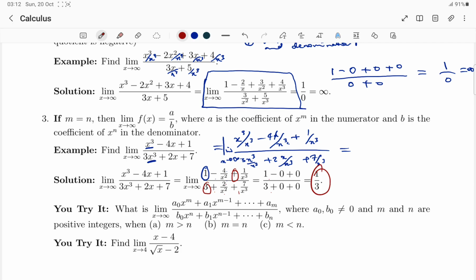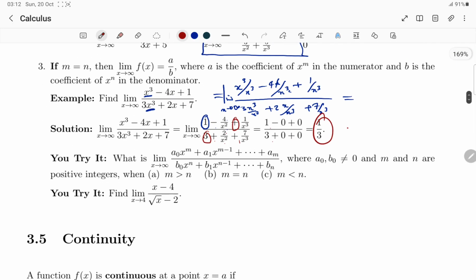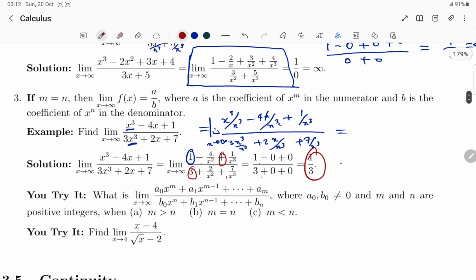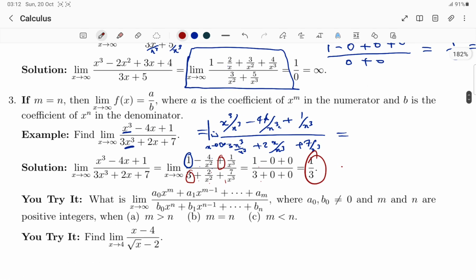So there is this question which is for you to try. I'm just going to try one more example from our tutorial. I'm sure it will help us understand more. So what is the limit as x approaches infinity of a0 x to the m, a1 x to the m minus 1, and so on?